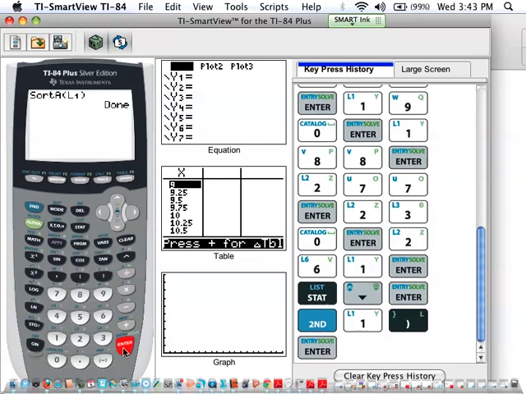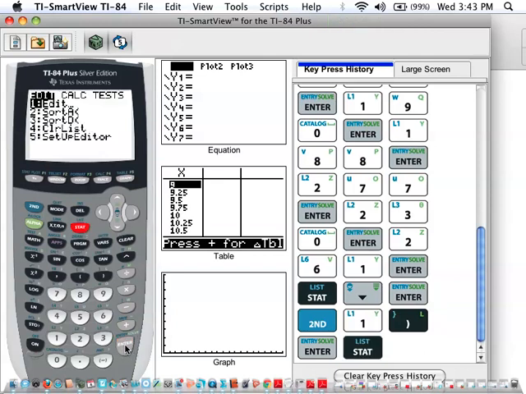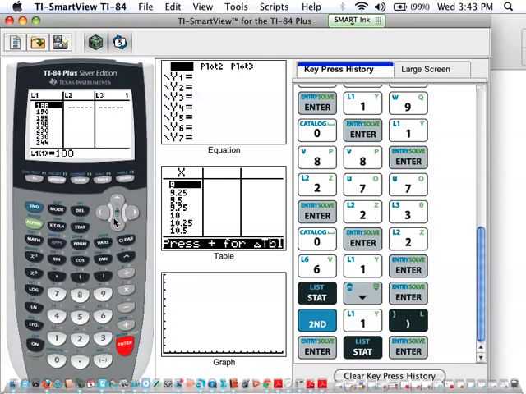Hit Enter. It comes back and tells you that it's done. So now it's sorted in order. So if we want to look at that data, we can now count the number of elements in the data set and then find the mode. So we're going to look for the mode here. It's 230. So the mode is 230.